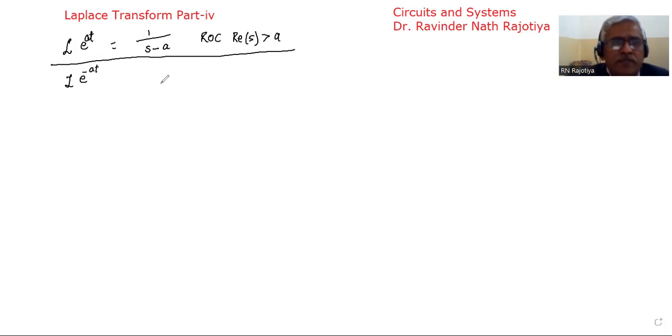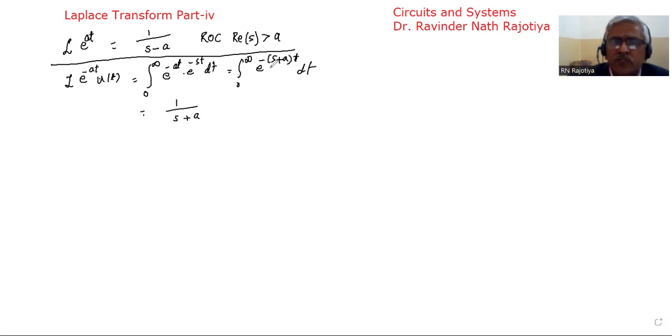We'll go with the same methodology, that is, assuming that this signal is a one-sided signal u of t, then you can take this as 0 to infinity of e power of minus at dot e power of minus st dt, and you can easily solve it as 0 to infinity of e power of minus (s plus a)t dt.